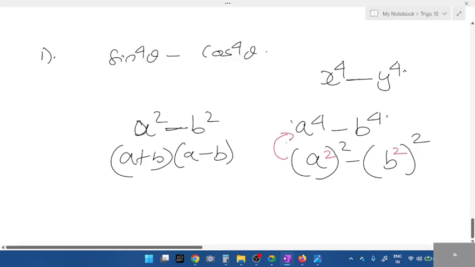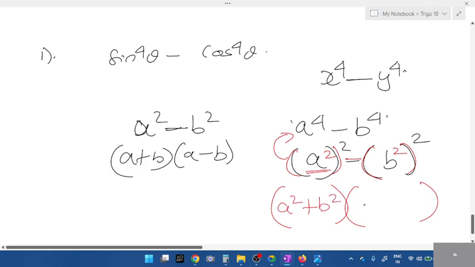Now when I open it, are we getting a to the power of 4? Right? Now a square the whole square minus b square the whole square. Apply a square minus b square here. What is a plus b into a minus b? What is a? A square plus b square.